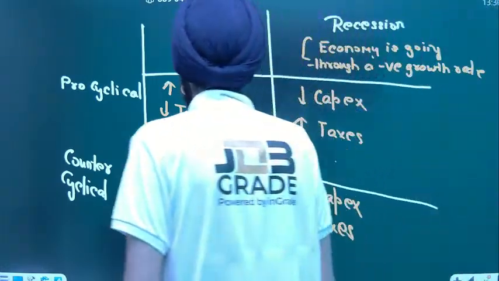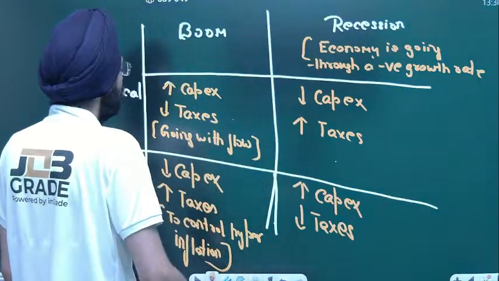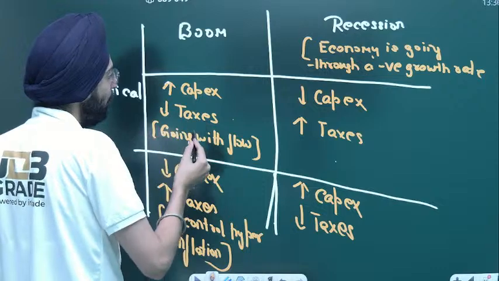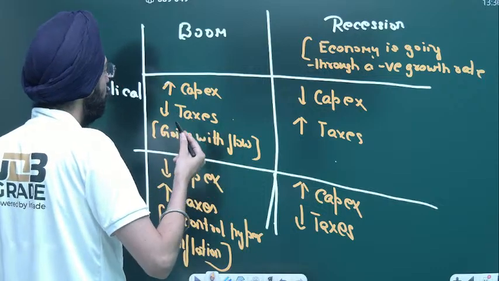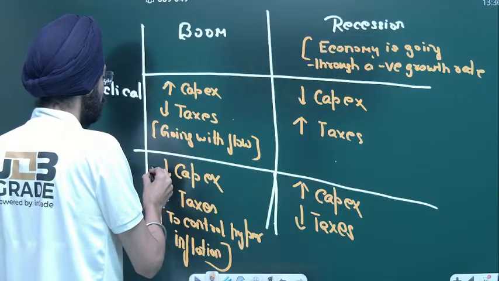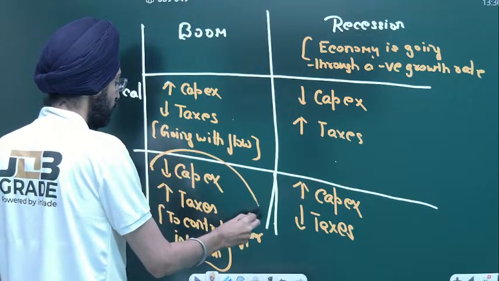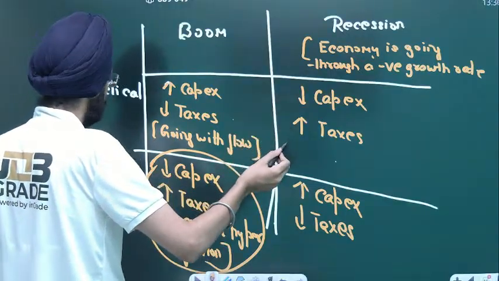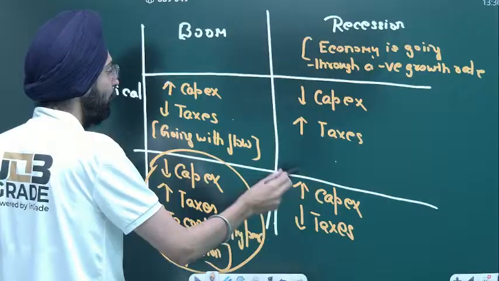In case of boom, our government, especially the Indian government, does take this counter-cyclical approach. But in case of recession, it has to take a counter-cyclical approach, but it does not.